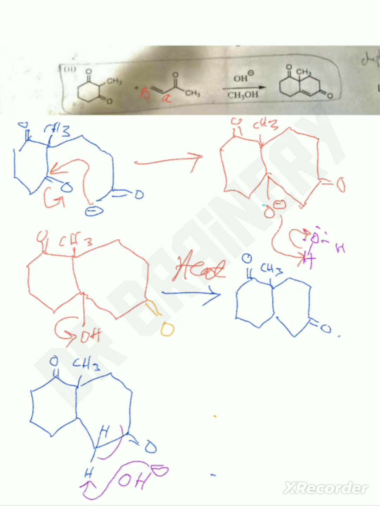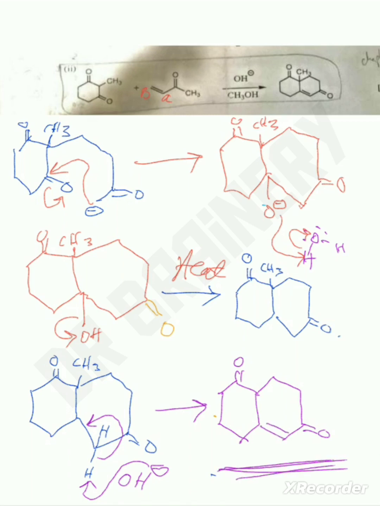Then this bond will come and form a double bond there. So now what I'm going to have is something like this, with a double bond there. Then when you look at that, that is exactly this.